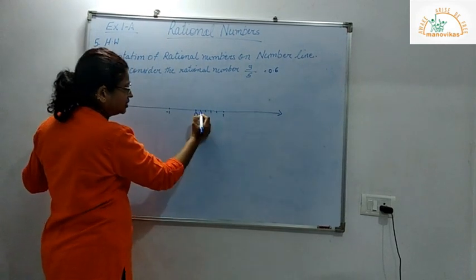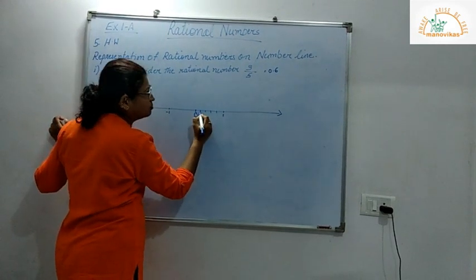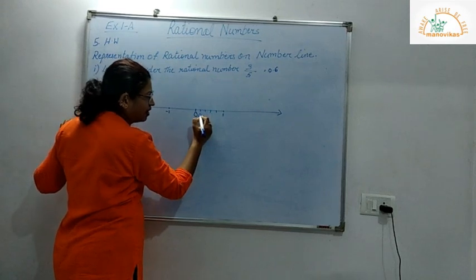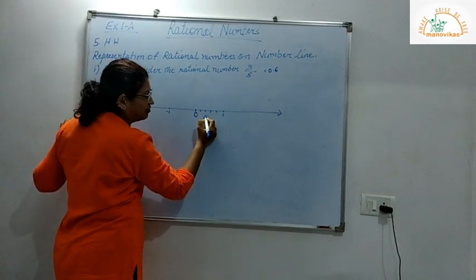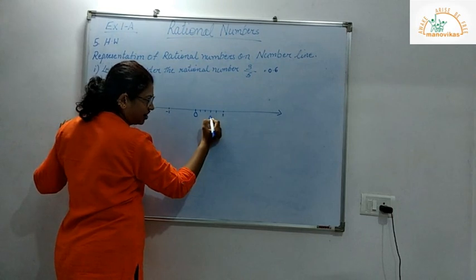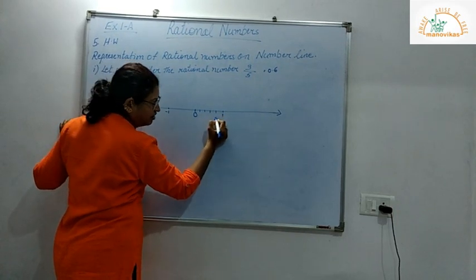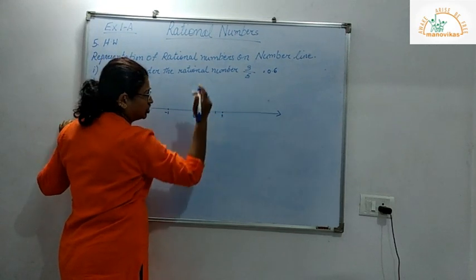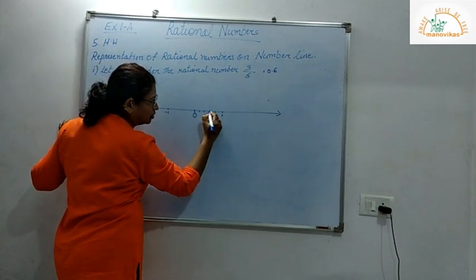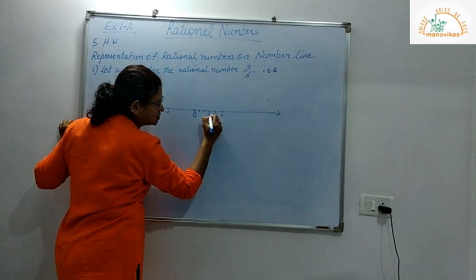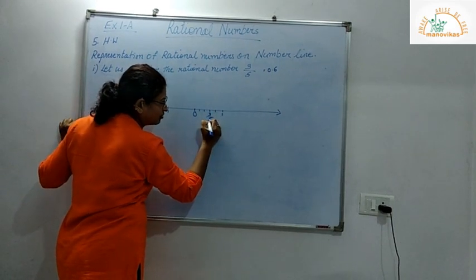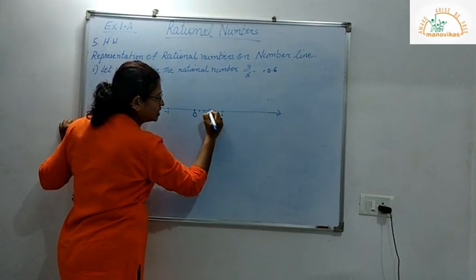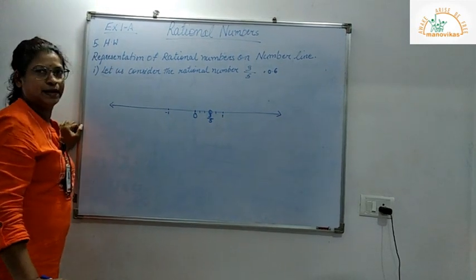So from 0 to 1, this becomes 1 divided by 5, 2 divided by 5, 3 divided by 5, 4 divided by 5 and 5 divided by 5, that is 1. So my rational number lies on the third point, that is 3 divided by 5. This is how we represent it on the number line.